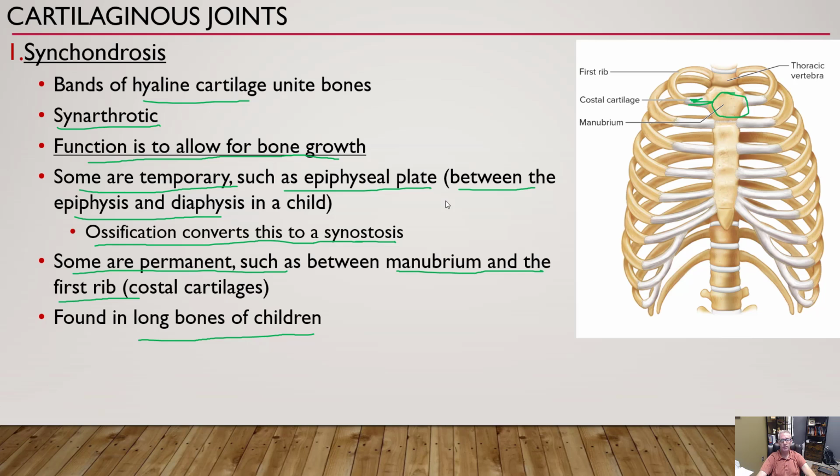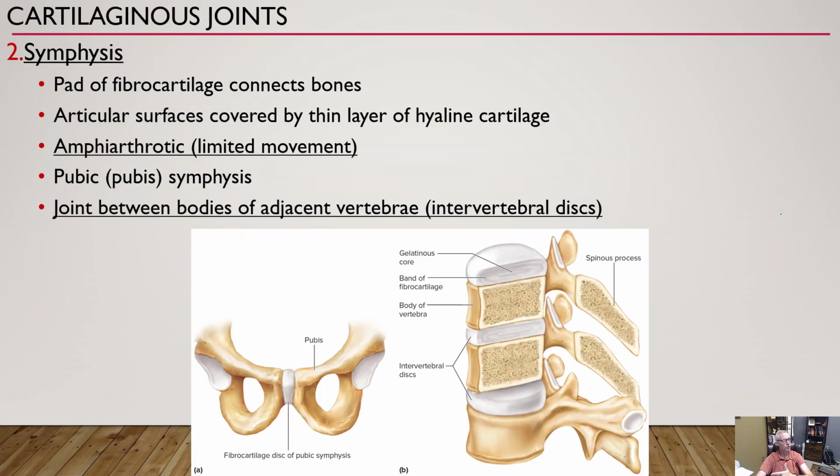The other type of cartilaginous joint, remember, hyaline cartilage, fibrocartilage, is the symphysis joint. Fibrocartilage. We can see those pads of fibrocartilage. That's what your intervertebral discs are made up of.